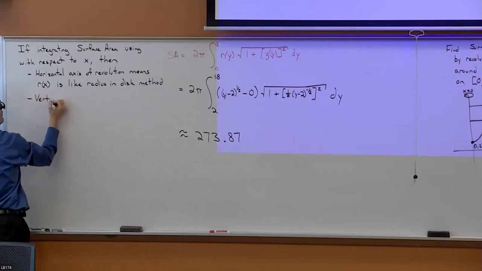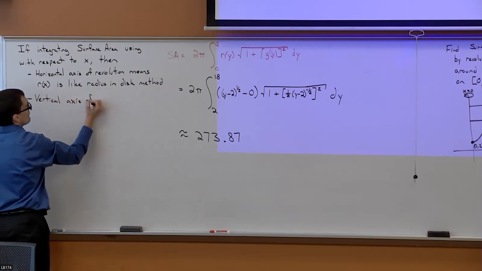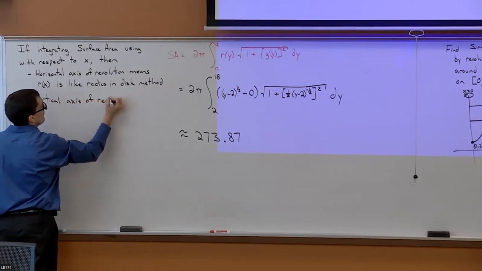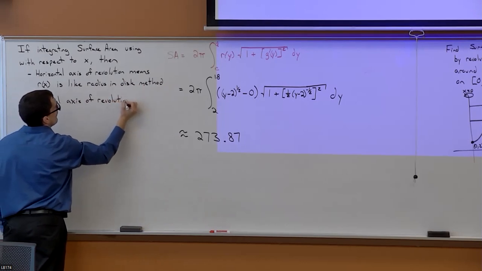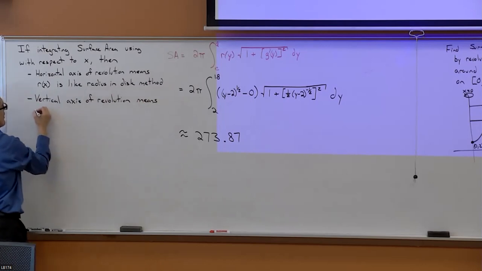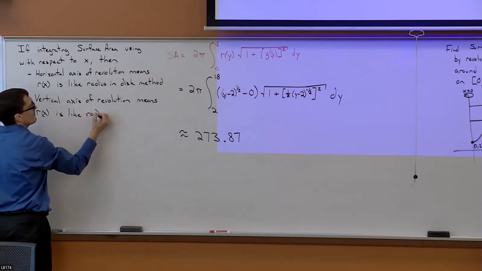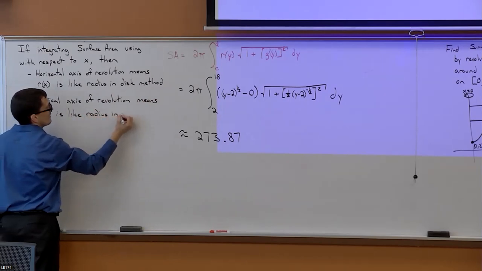Vertical axis of revolution means r of x is like the radius in the shell method.